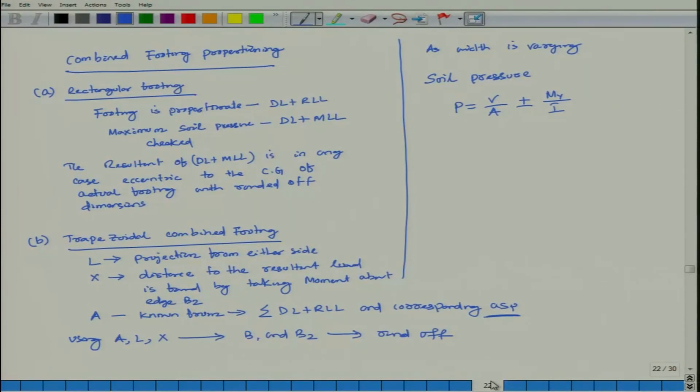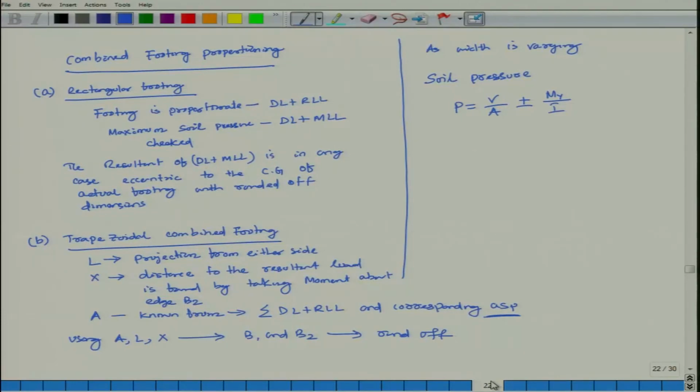In trapezoidal footing, projection from either side you measure and find out L, the total length. The X distance you have to calculate by taking moment about one of the edges, that is your B2. The area A has to be calculated from your dead load plus reduced live load and the corresponding allowable soil pressure.